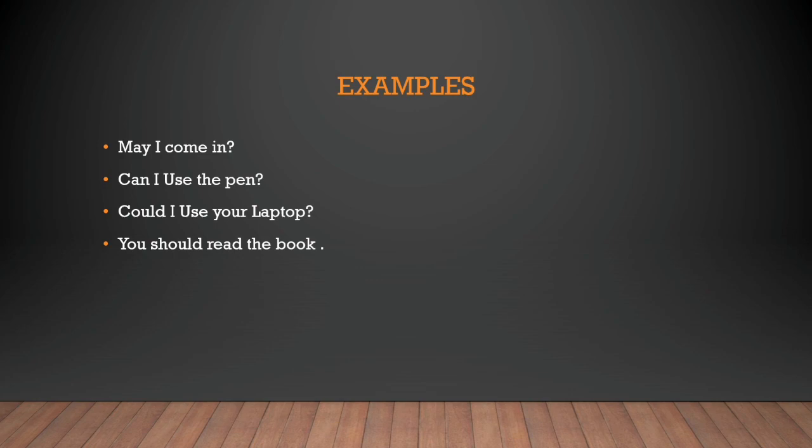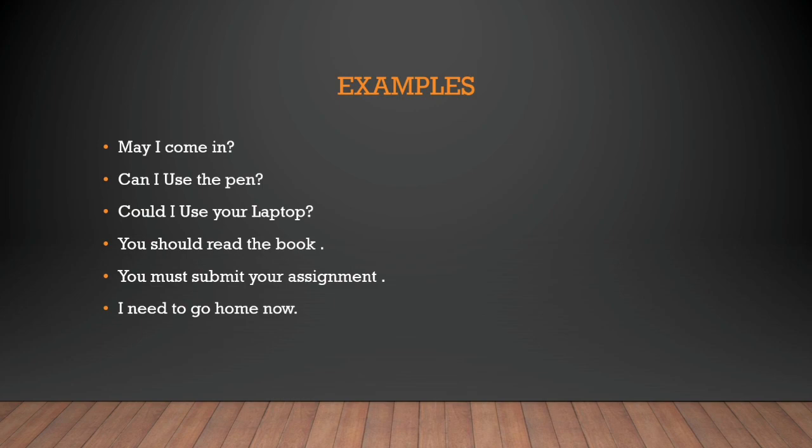That means you are obliged to read the book. You must submit your assignment. You are a student, so submission of the assignment is very important and necessary for you. That's why you are obliged to submit your assignment. You must submit your assignment. So must is used here for expressing obligation.